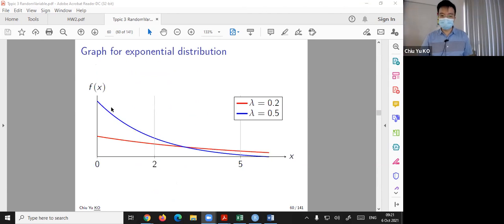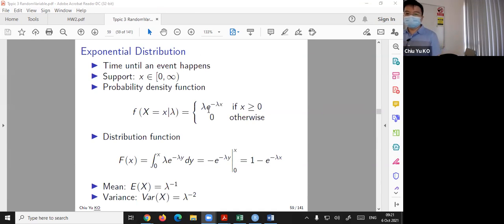So this graph, I don't think is important, but you do notice that the smaller the lambda, the flatter this thing. Remember what lambda is? Lambda is in fact the height of f at x equal to 0.